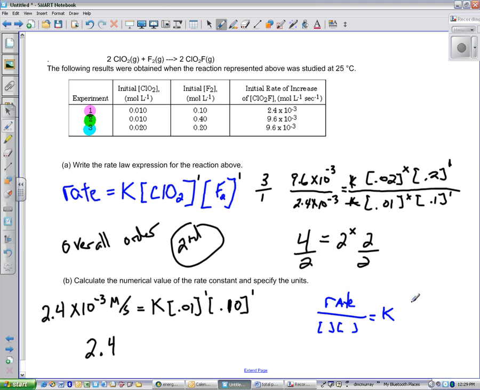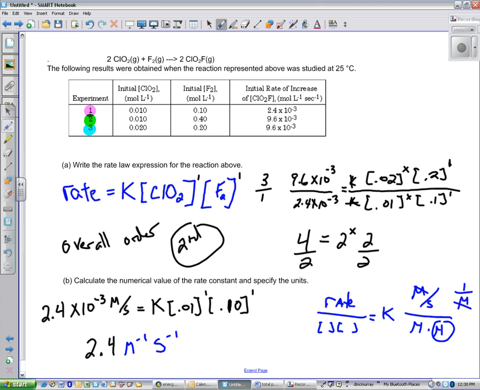Well, that means that we have molarity per second over molarity times molarity. Well, you bring molarity to the numerator, and you get 1 over molarity, and that cancels that molarity out. And then we have this other one left over. And so we're going to have 1 over molarity and 1 over seconds, which we show as molarity to the negative 1, seconds to the negative 1. And there is our rate constant, and we've specified the units.